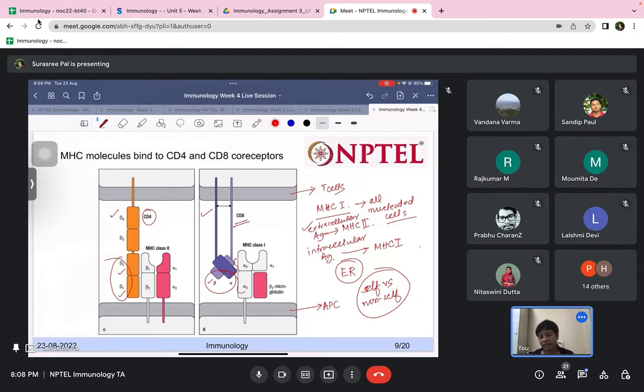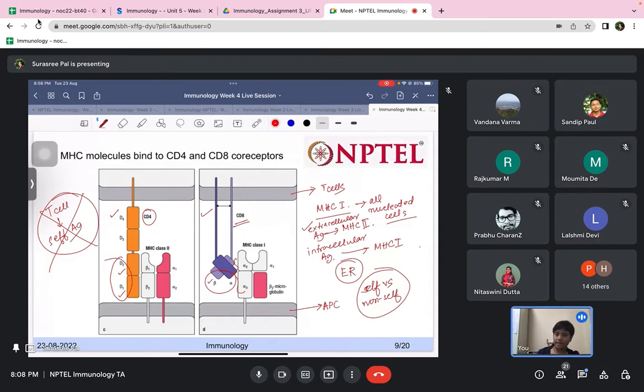And if the T cell reacts with a self antigen, then this particular T cell population will be deleted.